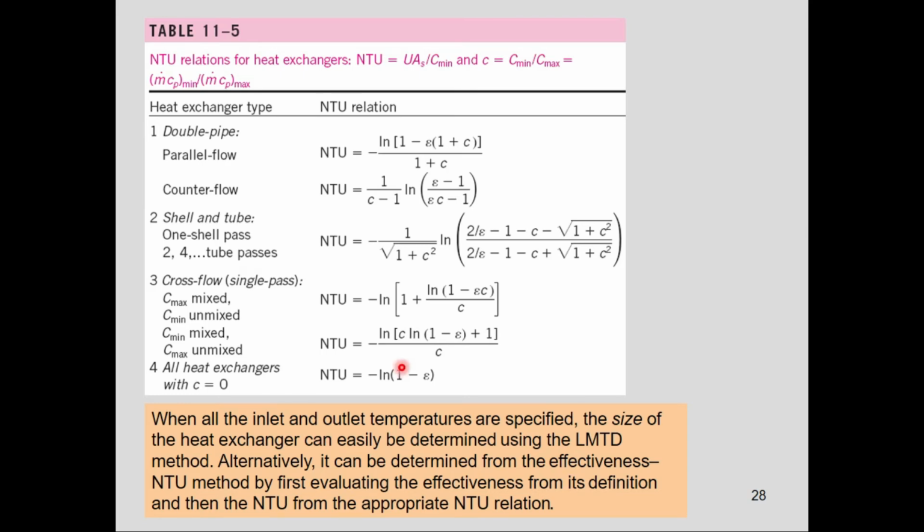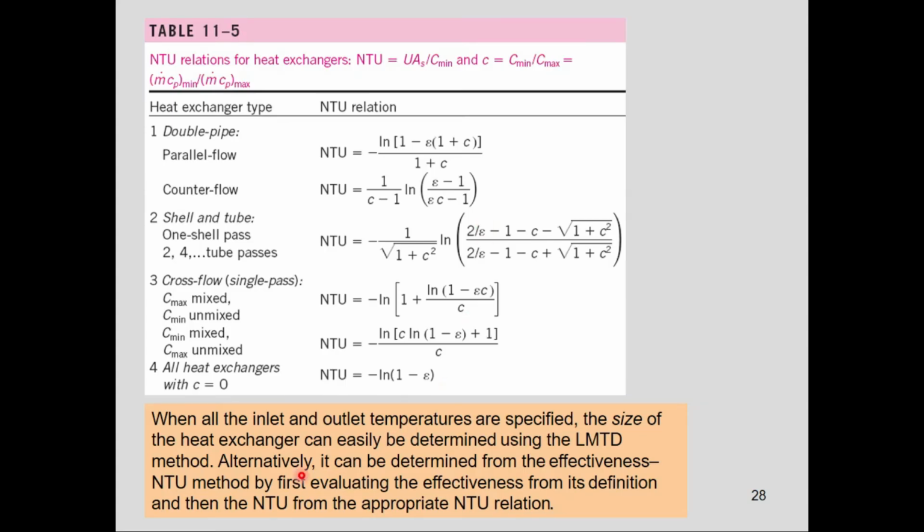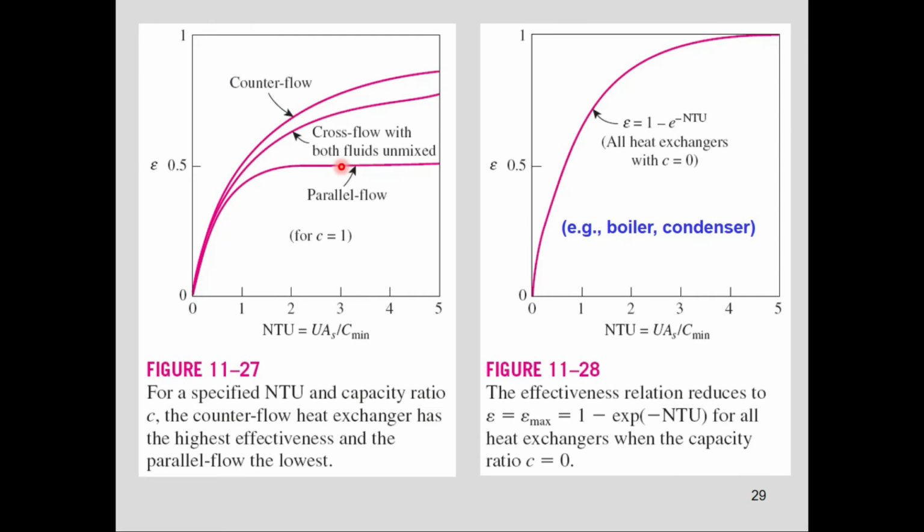From the definition or from these graphs, we can determine the value of the effectiveness, and if we have the capacity ratio, we can get the value of NTU, and from the NTU we can evaluate the size of the heat exchanger. I will explain these two graphs a little bit later.